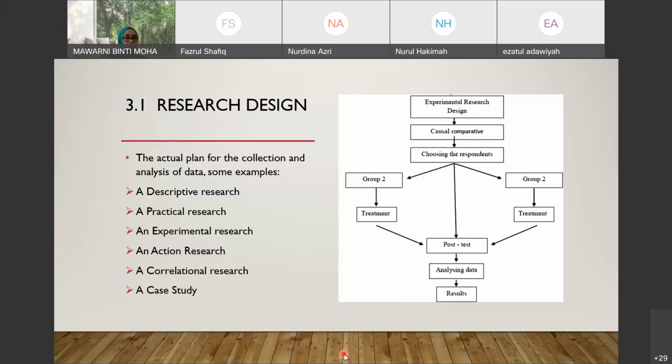You can put the design in such a way to explain your types of research, the analysis, a set of methods and procedures. So all aspects are put in one particular diagram ataupun framework. Okay. All right, so this is an example. I hope you have it in your thesis. Okay, moving on.